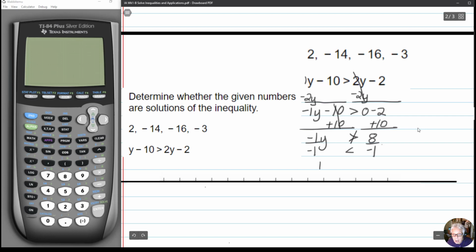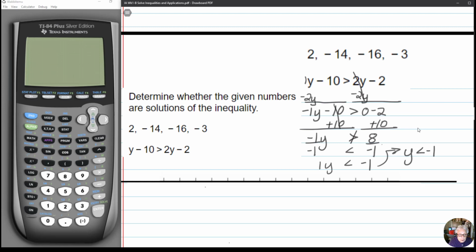That'll be 1y is less than negative 1, or y is less than negative 1. What this tells us is that the only numbers that can satisfy the inequality are numbers that are strictly less than negative 1.